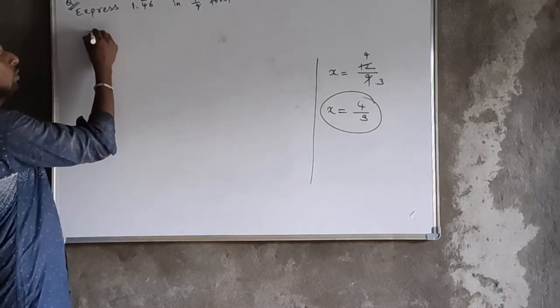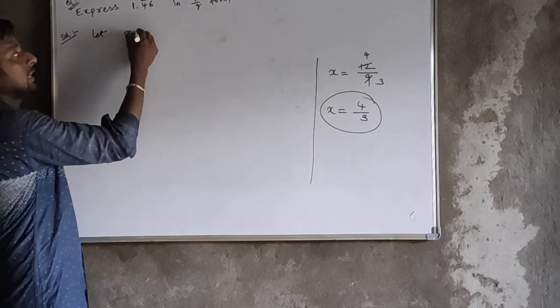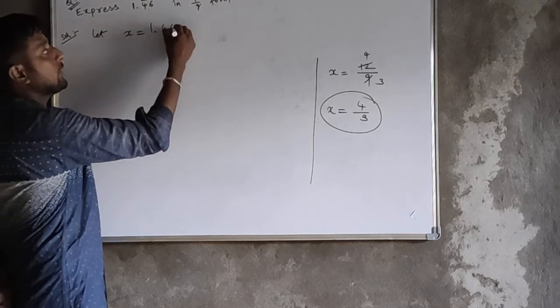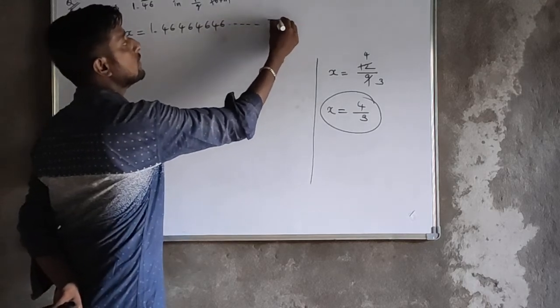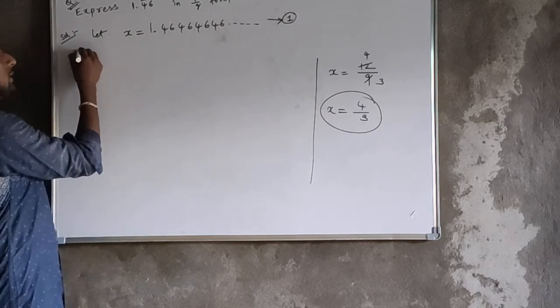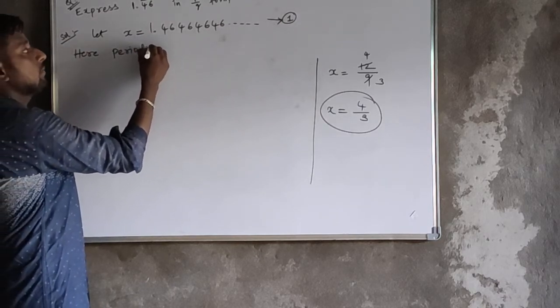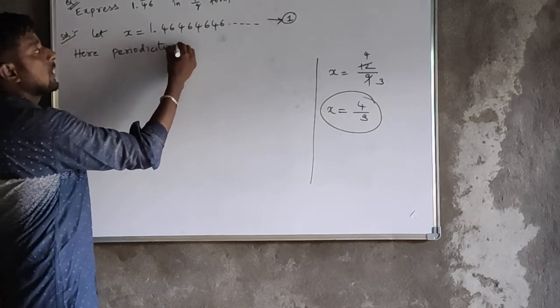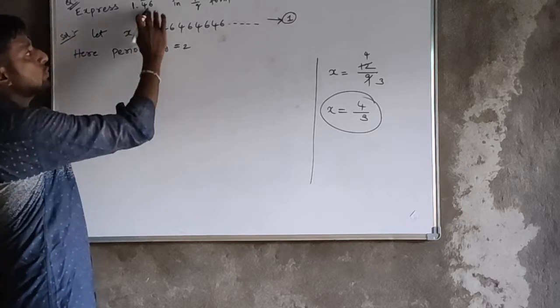So, solution: let x equal 1.46 and so on, equation 1. Periodicity is equal to 2, because 2 digits are repeating.